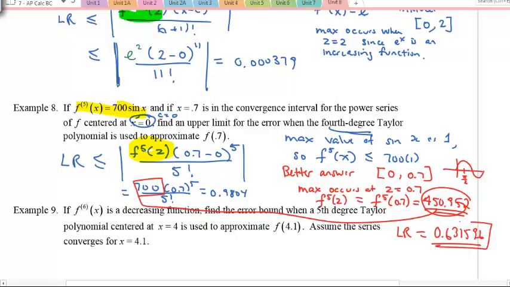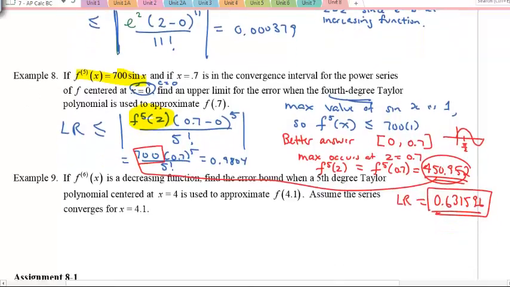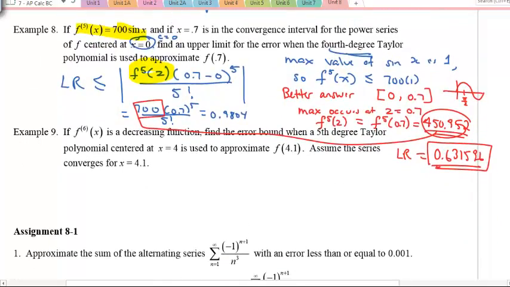So this would have been a better answer than the 0.9804, yet both are correct. Okay. I'm going to ask you to try example 9 on your own. I think it's quite straightforward. And then check your answer with me, and we'll be done and ready to do work in class.